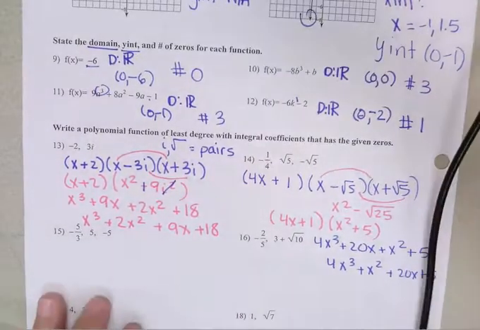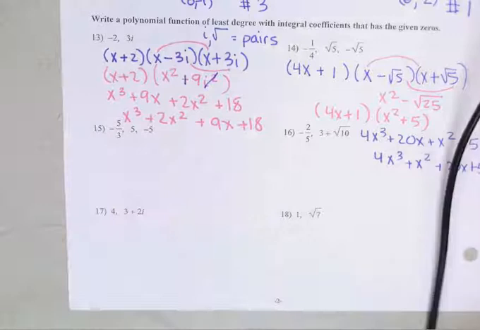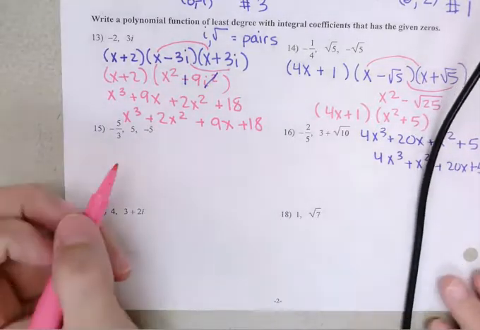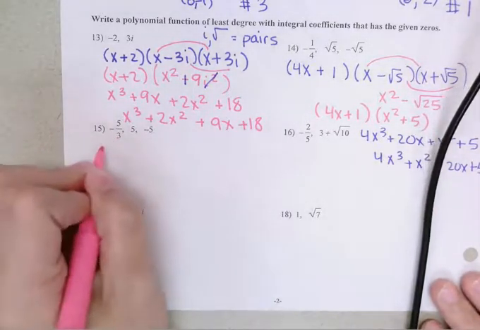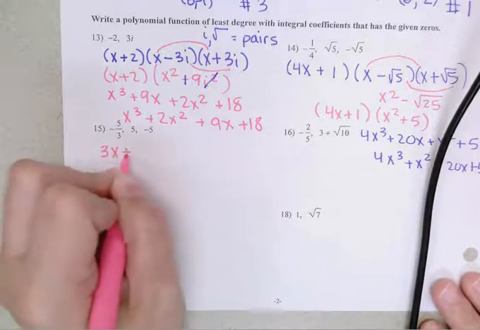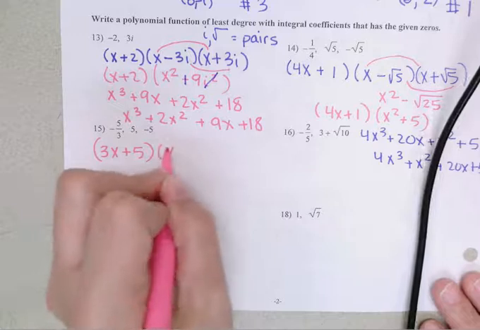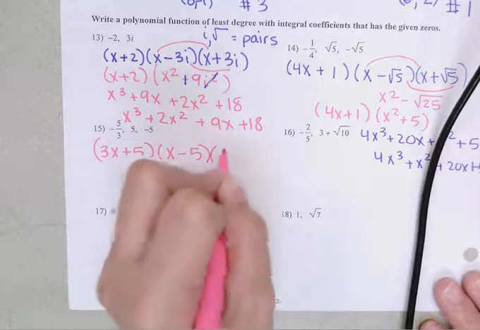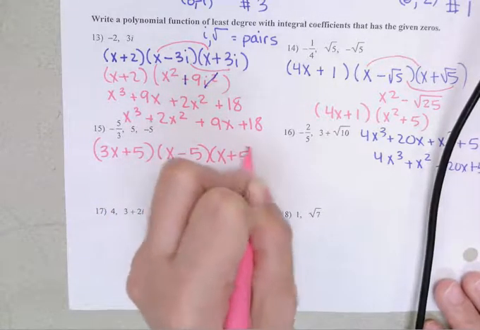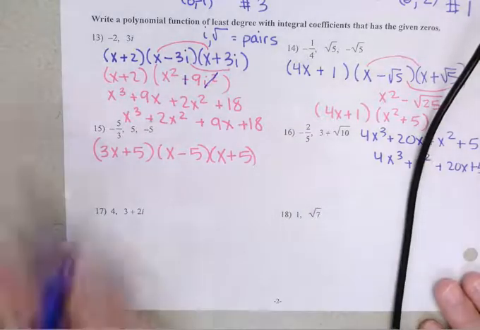Alright, then number 15. Okay, number 15 is one of your easier ones because it's not as messy. It would again still be bottoms up, change the sign. This one is very, very nice because it has conjugates, meaning a lot of things are going to cancel and it's not as big and messy of a problem as it could have been.